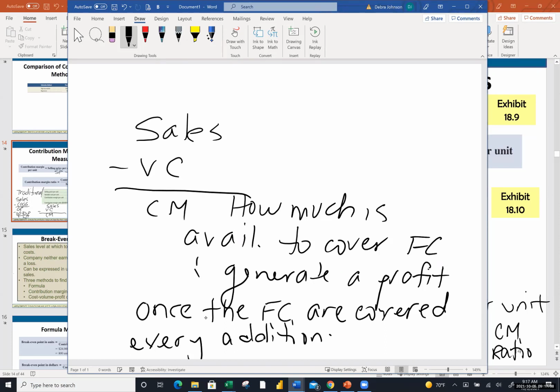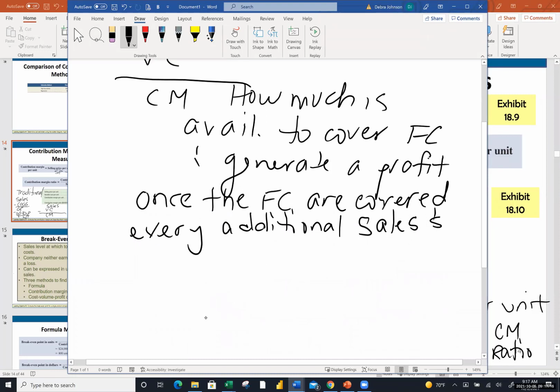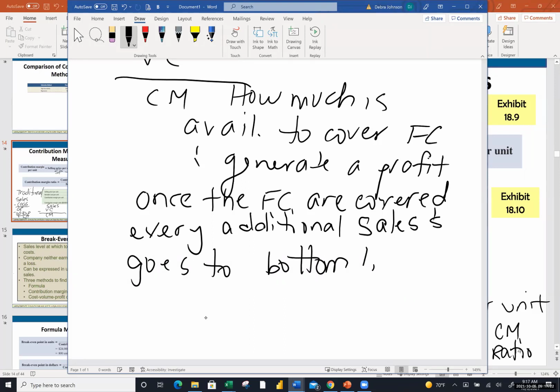Every additional sales dollar goes to the bottom line. And when I say bottom line, I mean net income. I'm sorry that's so messy. I'm writing sideways. I'm sure Eddie's notes will be much neater.